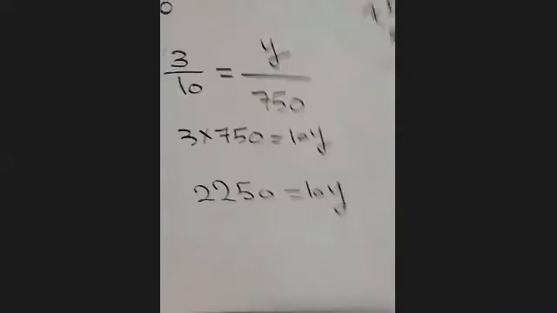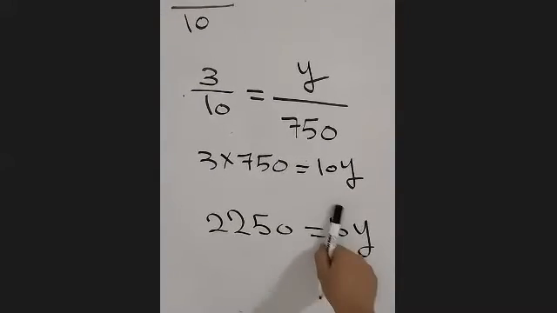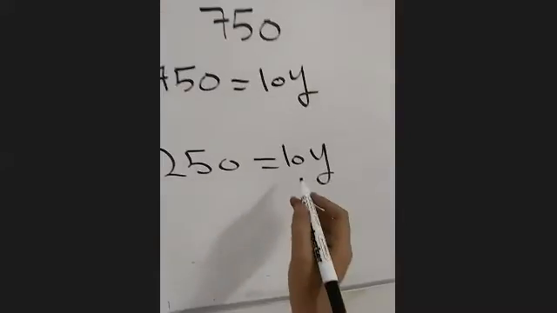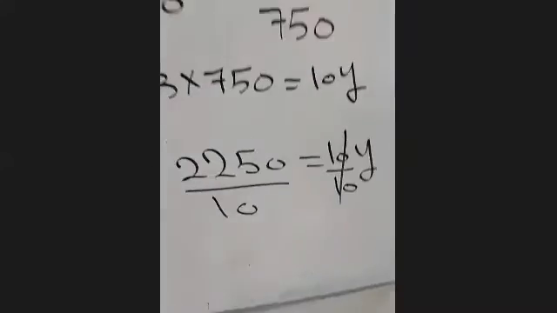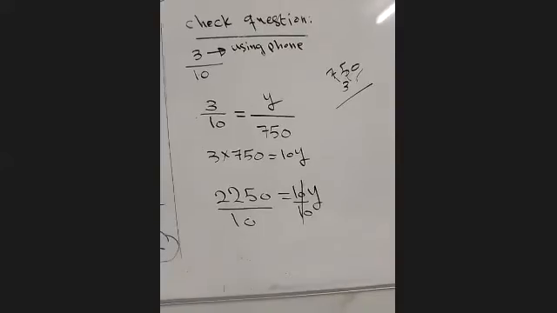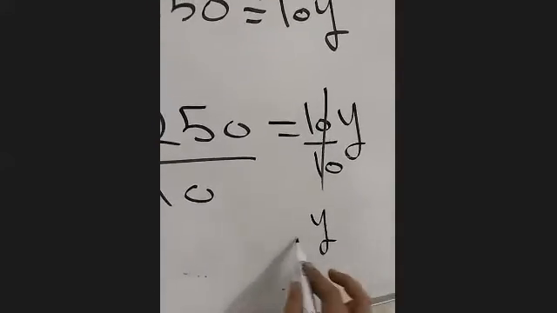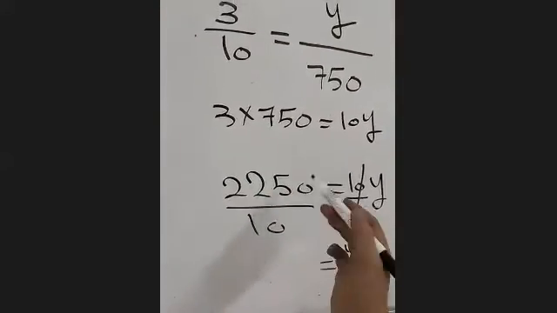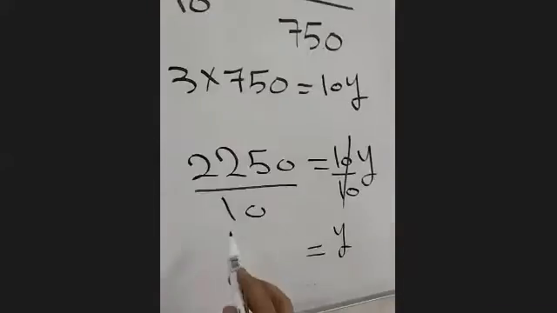Now to find the unknown variable y, we look at the number beside it, which is 10. Divide by 10 on both sides, as we did in the previous one. The 10s are gone. Now y equals 2,250 divided by 10. We can cross this 0 with this 0. 225 is the answer.